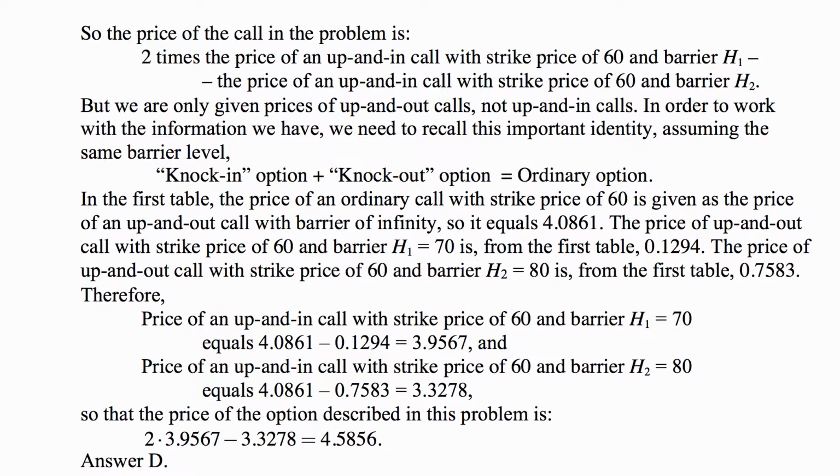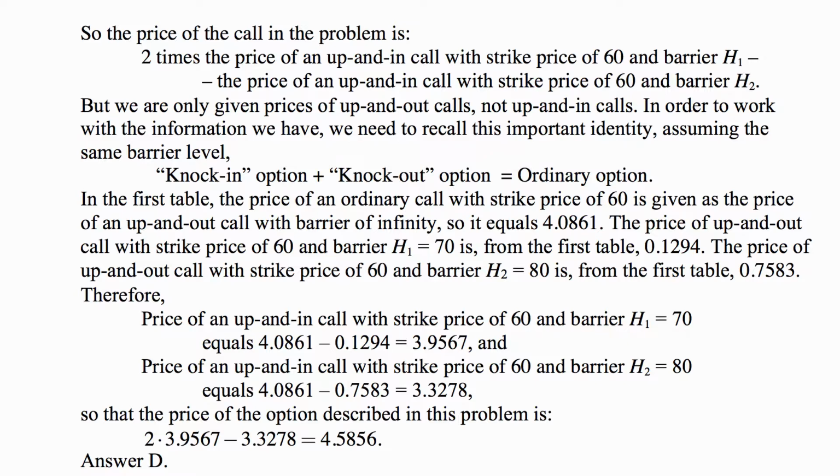And you may say, well, it's a different barrier, but it's the same strike price. So what you're subtracting is exactly the payoff of that up and in call with strike price of 60 and barrier H2 upon reaching the barrier H2. But we are only given prices of up and out calls, not up and in calls.